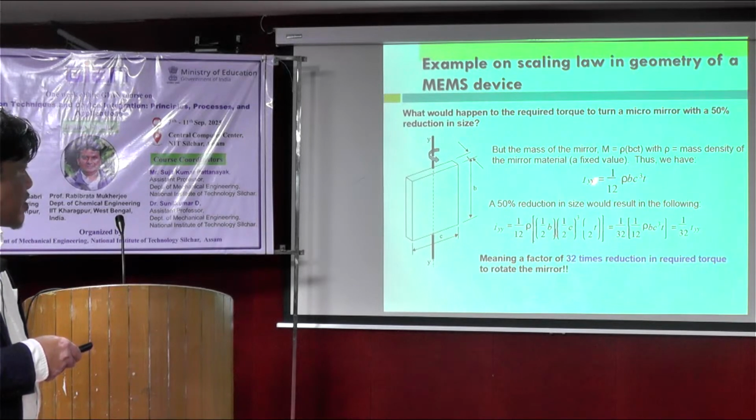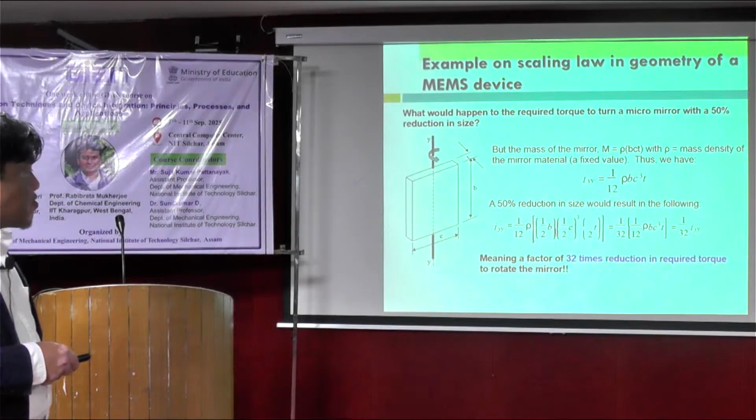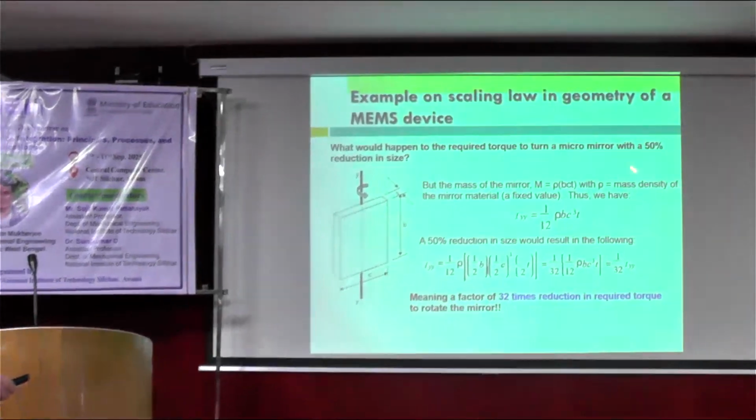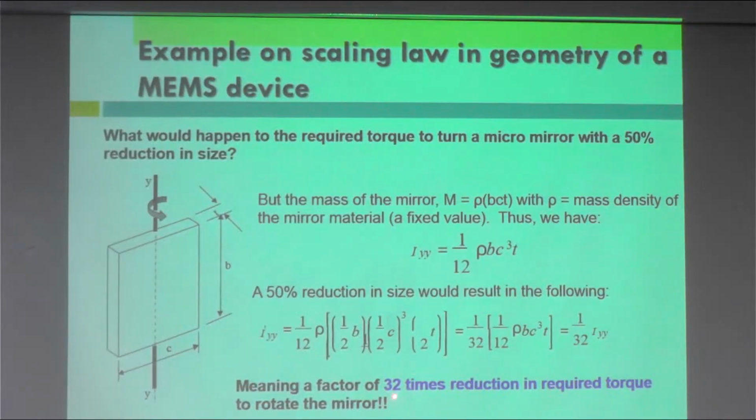Thus, we have this equation. Then a 50% reduction in size, when you solve this equation, gives a factor of 32 times reduction in required torque. So it's not a 50% reduction, it's a 32 times reduction in required torque.